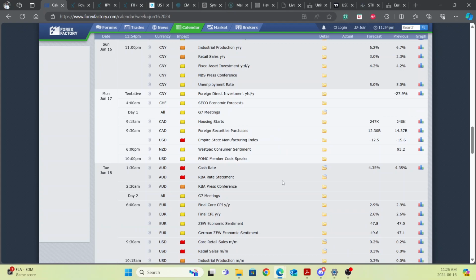On Monday, again, we are not having much except the Empire State Manufacturing Index from the US side, which is currently at negative 15.6%. The market is expecting some better data, negative 12.5%.